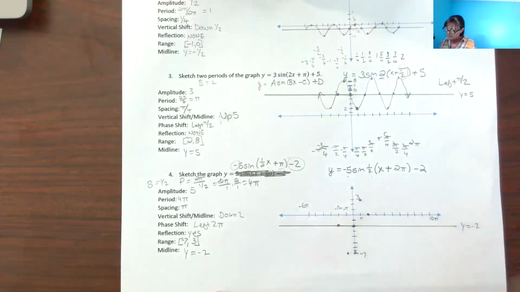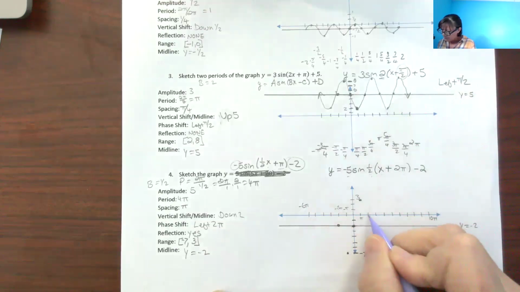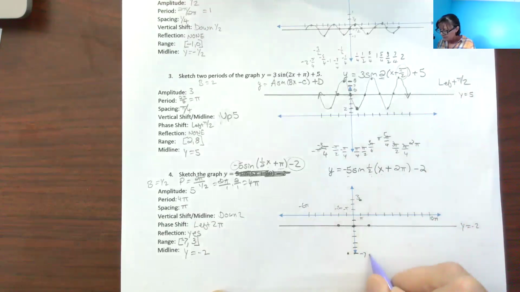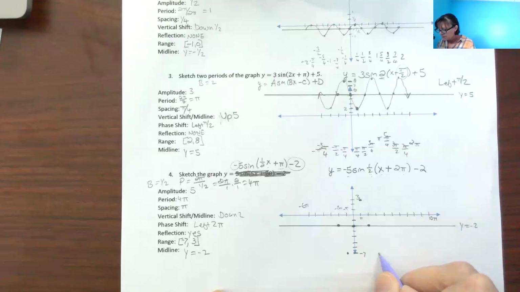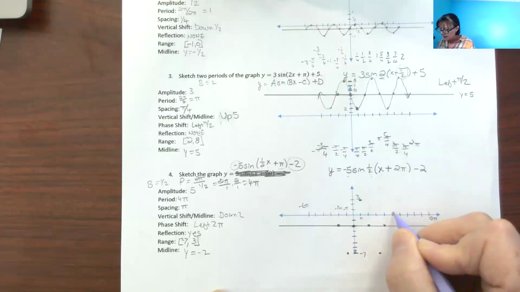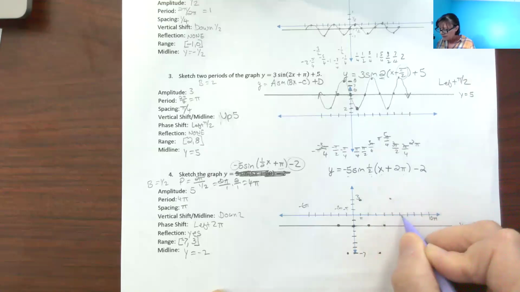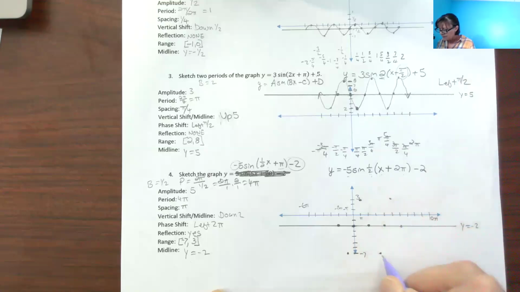And then, oops, that's not the middle. Sorry. And then we're at middle. And then we're at low. And then we're at middle. And then we're at high. And then we're at middle. And then we're at low.